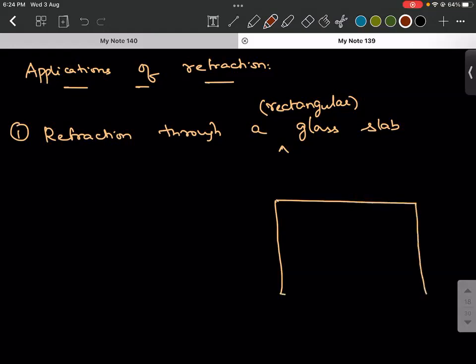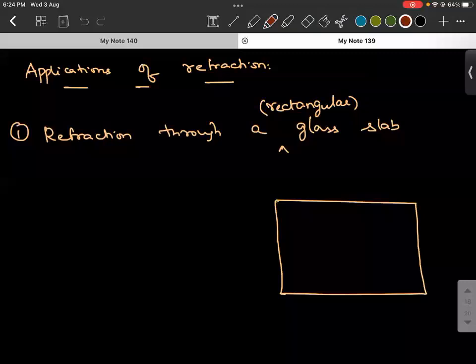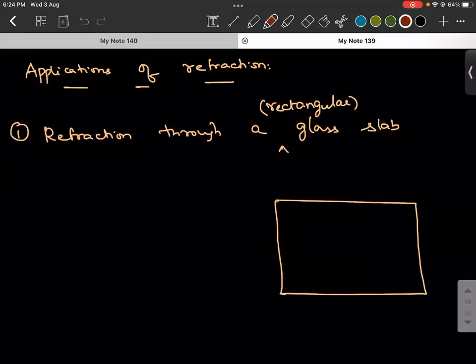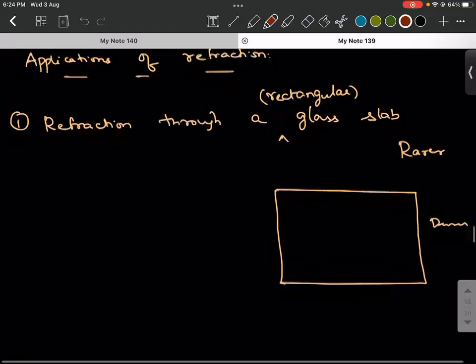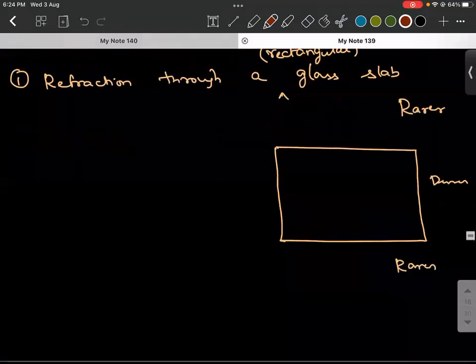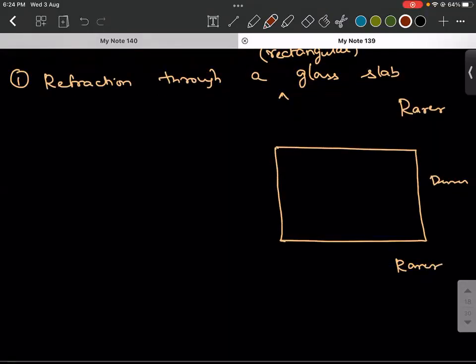When I see the top view of a glass slab, it is going to be in the shape of a rectangle. Let's say the outside medium is rarer and the glass slab is a denser medium, and again the outside medium is going to be rarer, right?